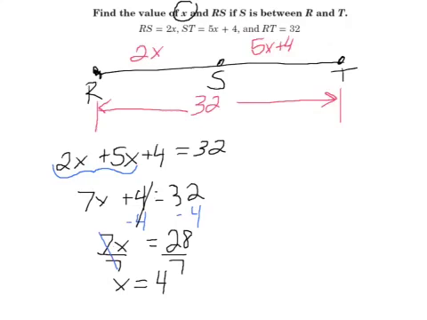I also need to find that length from R to S. To do that, I'm going to take my answer and substitute it into the expression for the length from R to S. From R to S is 2x.